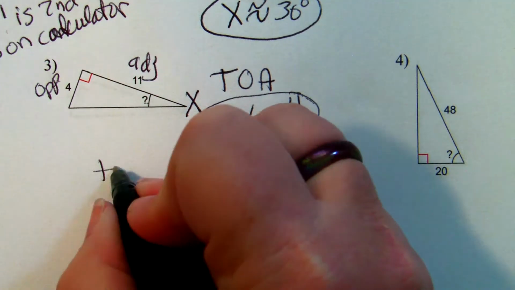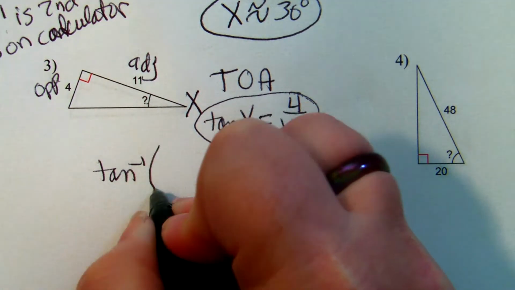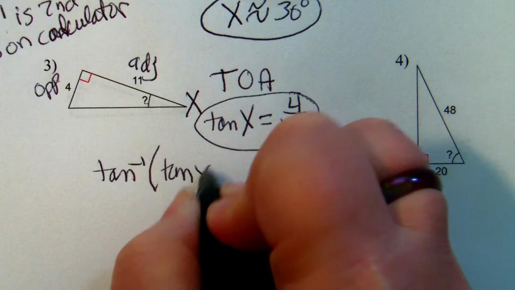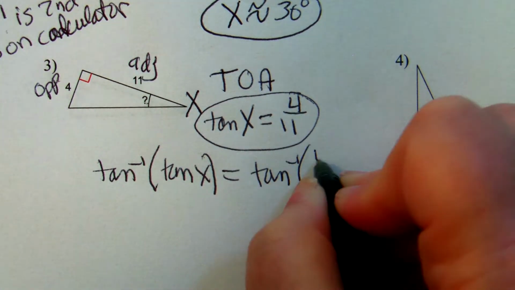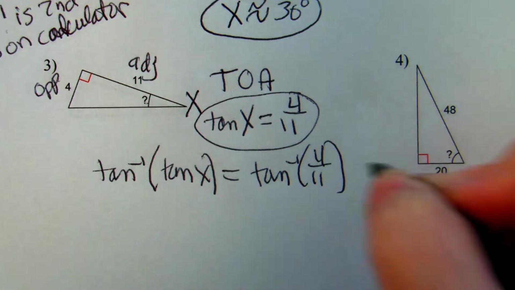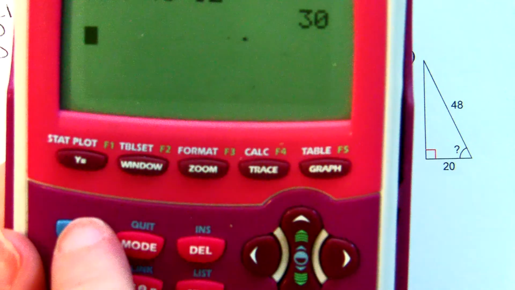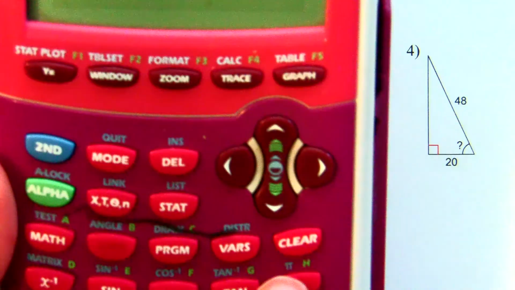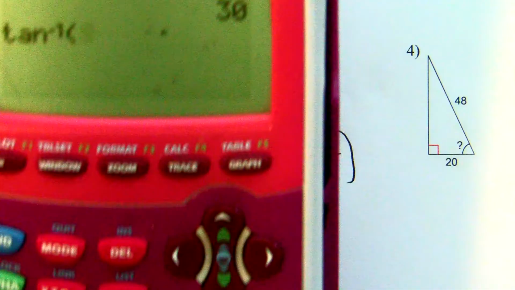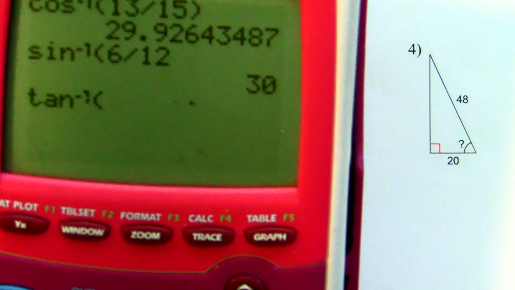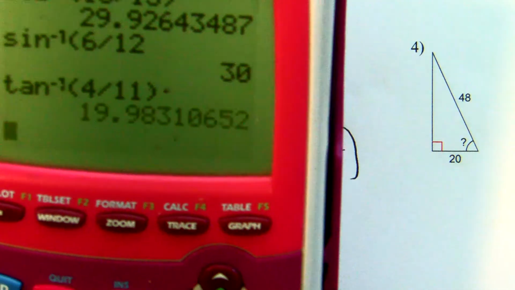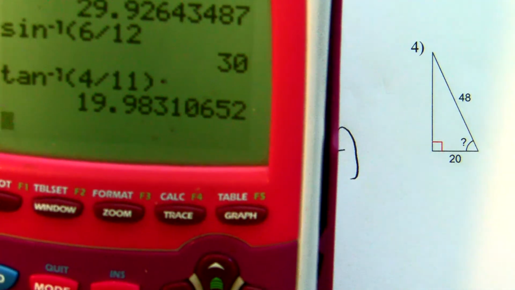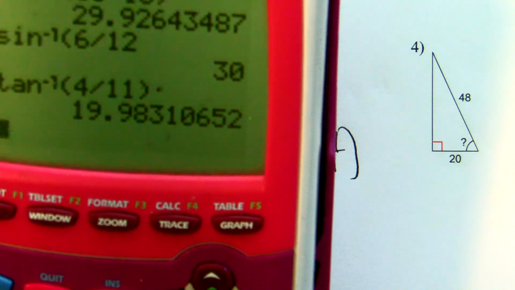So tangent inverse of both sides, so we do second tangent, so it's tangent inverse of 4 over 11. How many degrees? 20.